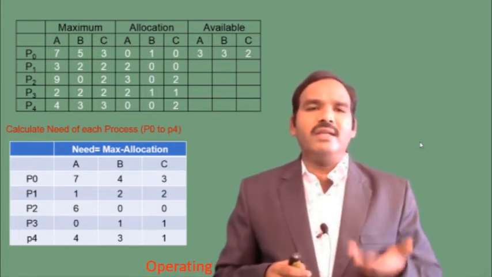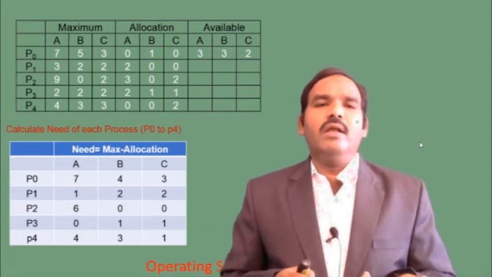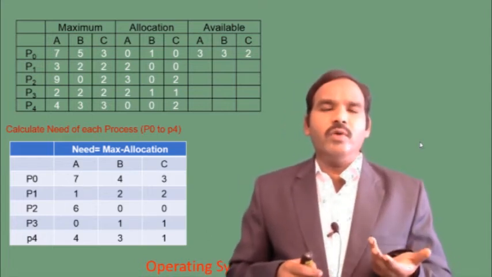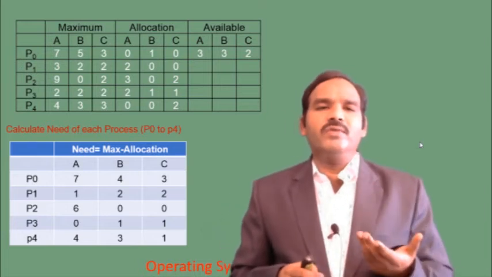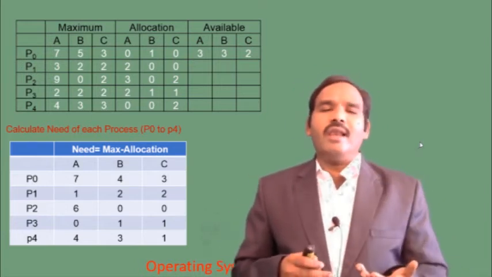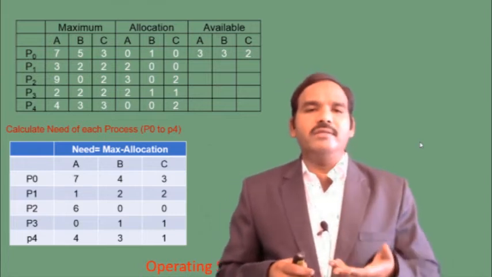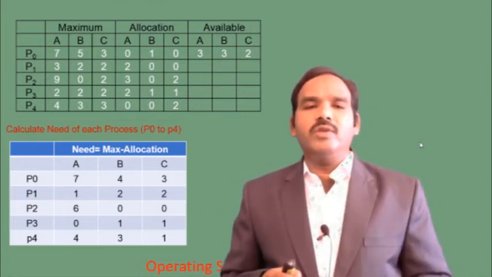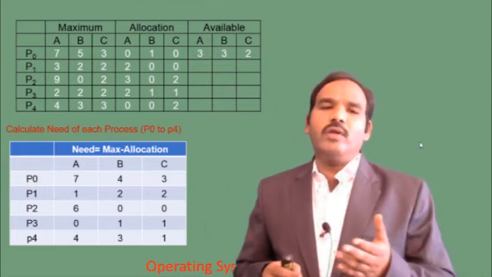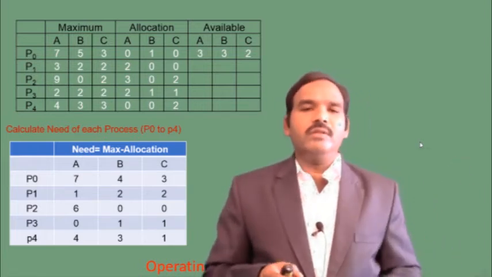So max is a two-dimensional array. Here, how many rows? 5 rows, for 5 processes. How many columns? 3 resources. Similarly, allocation is also a matrix of size n by m, and need is also a matrix of size n by m. Here the number of rows is 5 and the number of columns is 3.